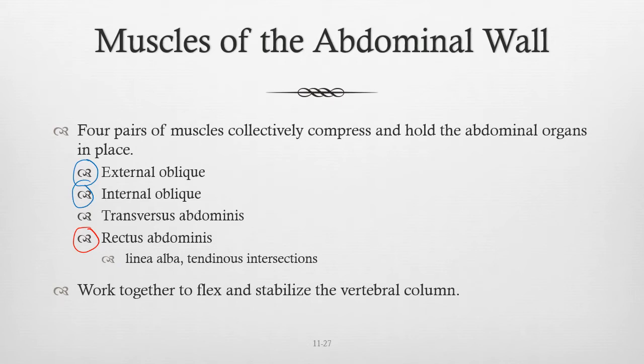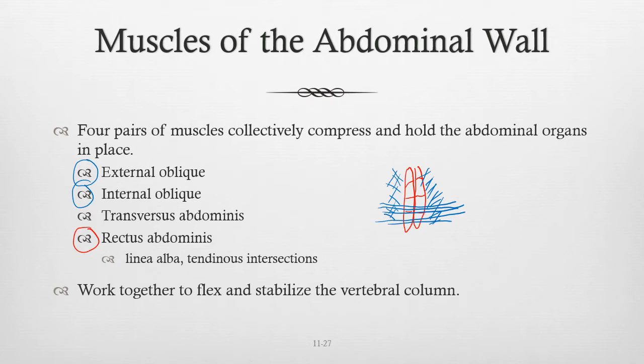Whereas the rectus muscles are in the center, the oblique muscles come in at angles on the sides of those rectus muscles. There's an external one and an internal one, and they go in opposite directions of one another as well. And then lastly, we have a transversus abdominis muscle, which comes across the abdomen as well.